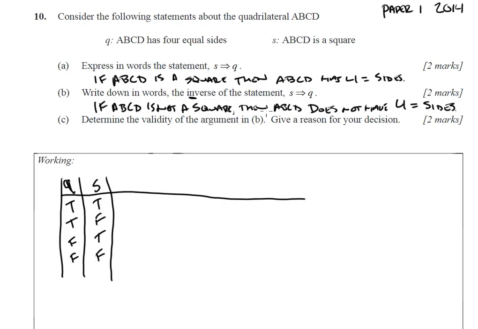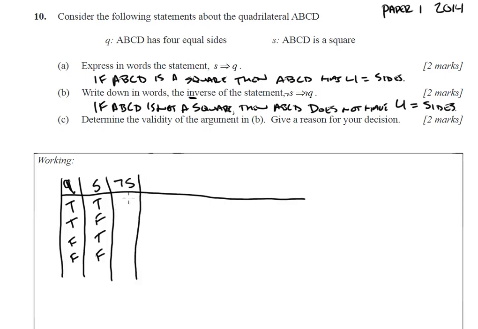All right, so determine the validity of the argument in B. We want to do not S implies not Q. We know what Q and S are, so let's figure out what not S is.